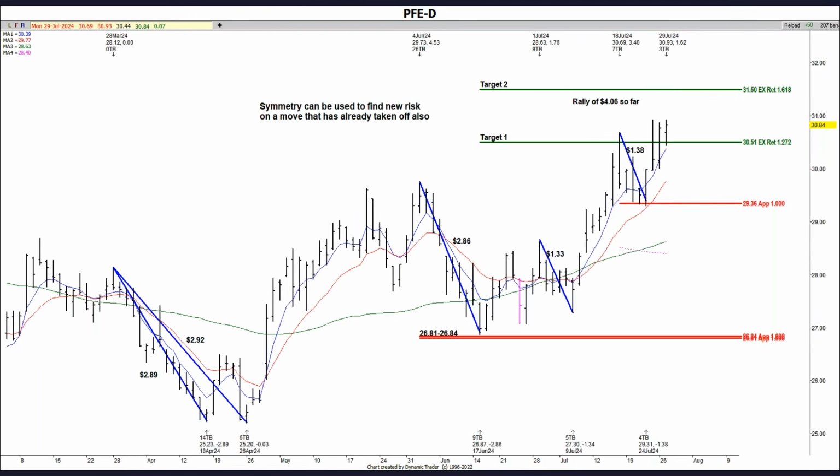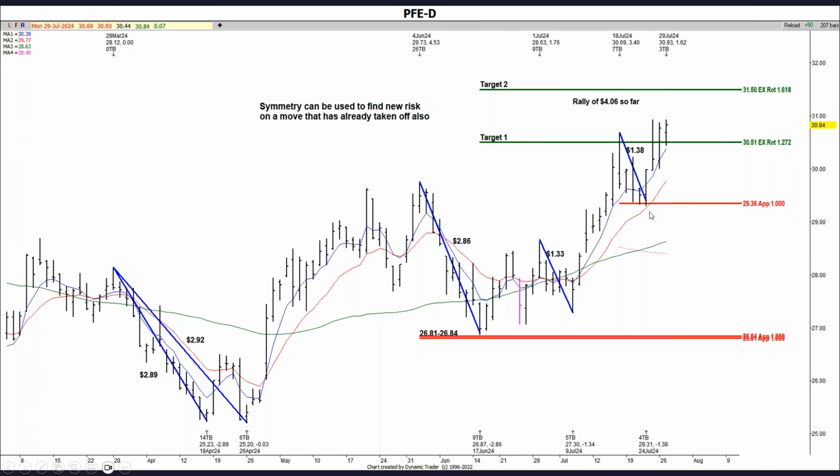This is Pfizer. Symmetry can be used to find new risk on a move that has already taken off. I've got a lot of examples of this recently, and one actually happened today on some of my intraday time frame charts that we give live. In the original setup, it had 2 pieces of symmetry and bounced from the 17th of June, and then it took off. When we pulled back on the 18th of July, we had price symmetry there.